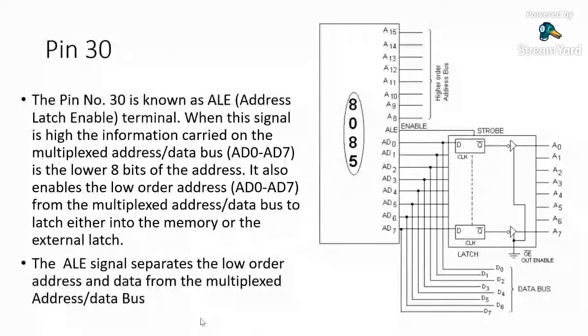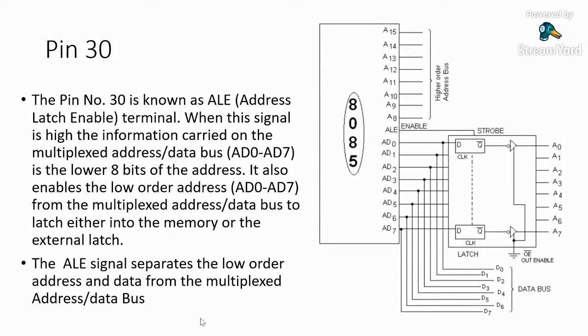this is pin number 30, which is ALE, the address latch enable terminal. When this signal is high, the information carried on the multiplexed address or data bus, which is AD0 to AD7, the data bus AD0 to AD7, is actually the lower 8 bits of the address.